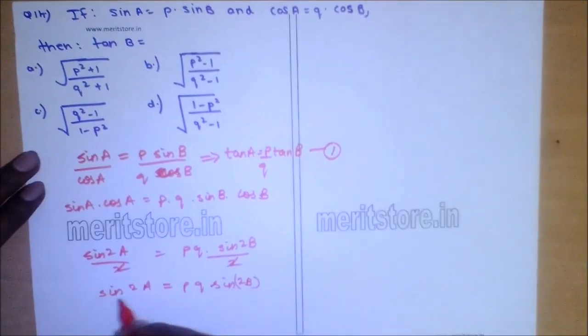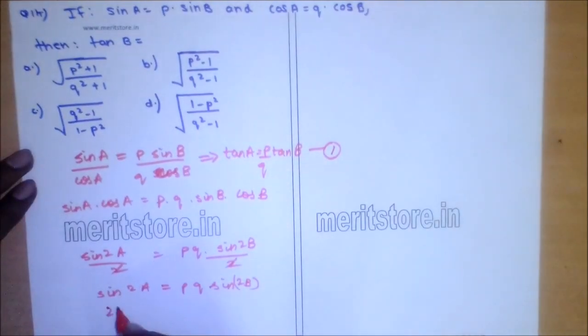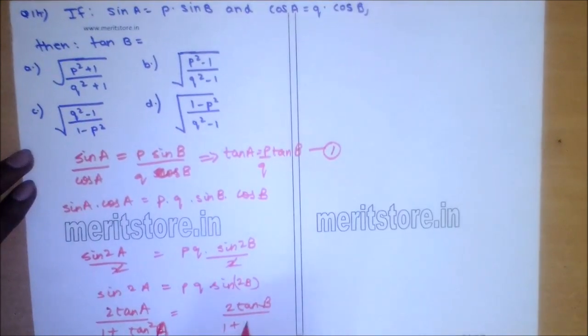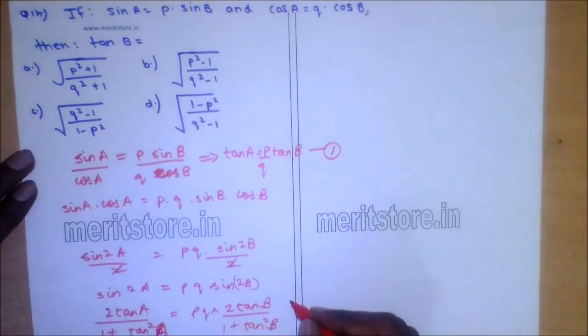But sin 2A is 2 tan A upon 1 + tan² A. Similarly, for sin 2B, it is 2 tan B upon 1 + tan² B, into PQ. Let this be equation 2.